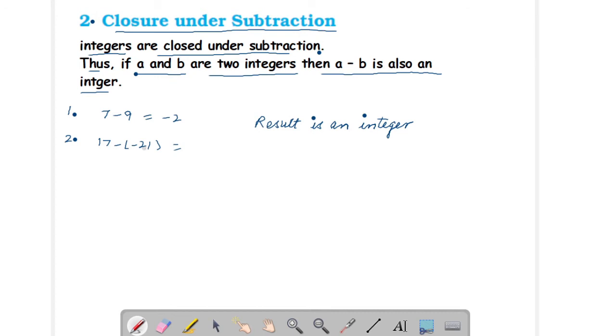You will get 17 plus 21. And if you add it, you will get 38, which is an integer. Therefore, you can say that result is an integer.